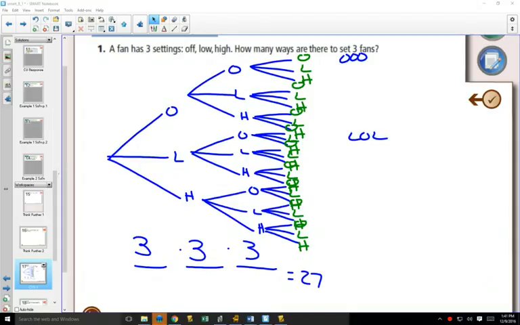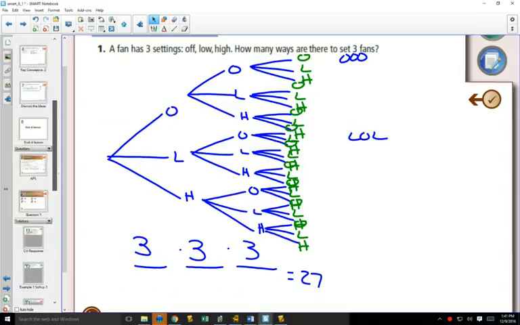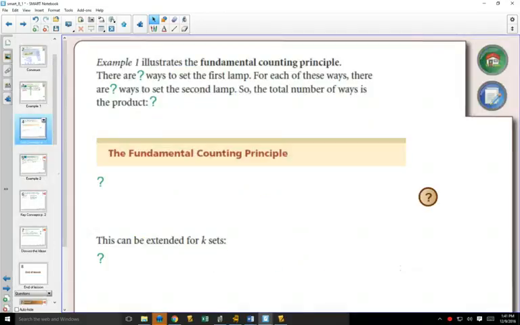Okay. So this idea, because if you had 15 fans with 3 settings and you wanted to draw a tree diagram, it would get really crazy really quick. So the spaces idea is something called the fundamental counting principle.